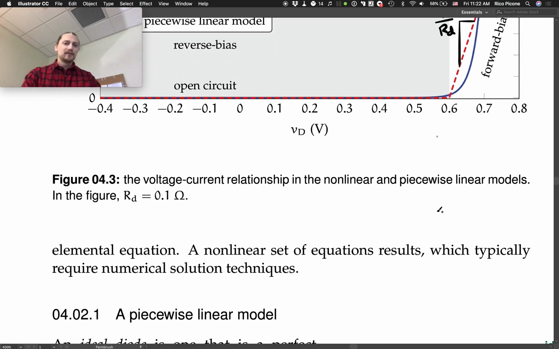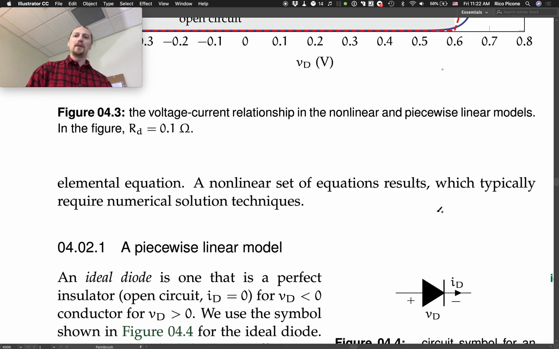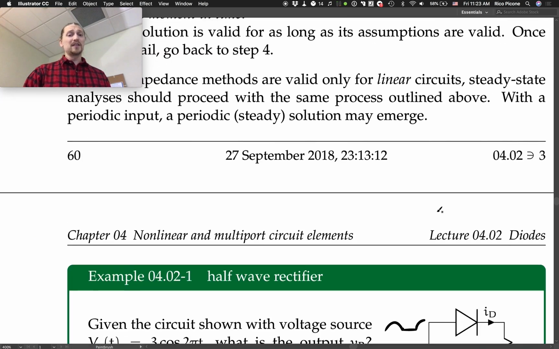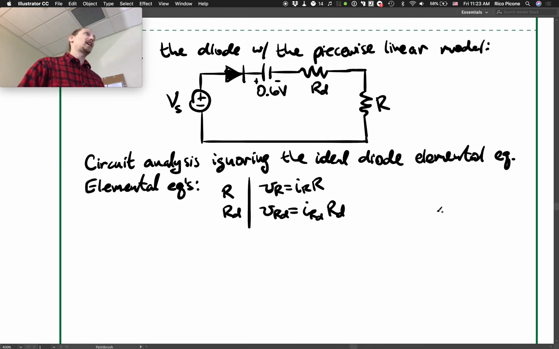So, okay. Great. So we're going to use that RD. If that feels unsatisfactory to you, that's kind of what you get with these piecewise linear models. They're not great. They're not very satisfactory, but they do actually show you the broad operation of the circuit.